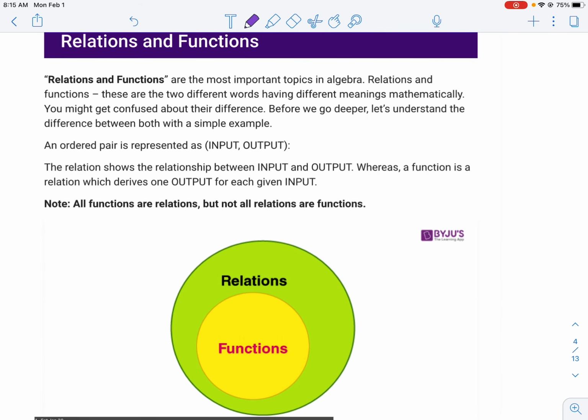So first, relations and functions, those are considered some of the most important topics in algebra, like this little blurb says here. And that's because you're going to use them in pre-calc and calculus and trig and any of the higher math classes from here on out. And we're going to continue to use them for the rest of the year in this class.